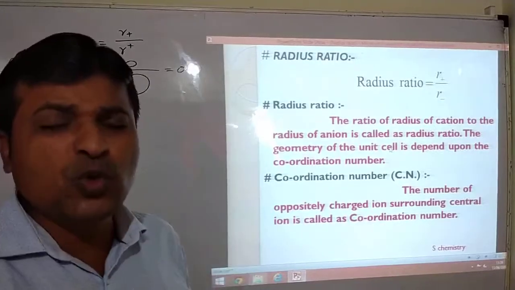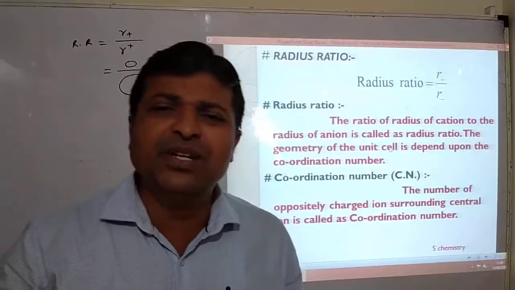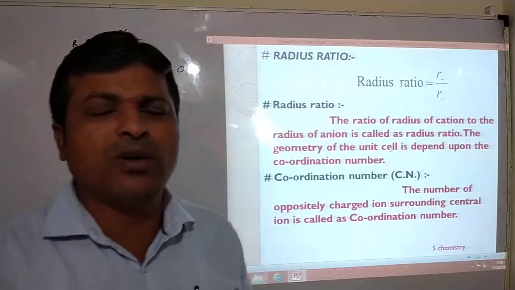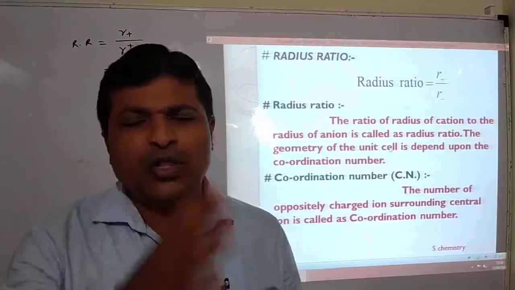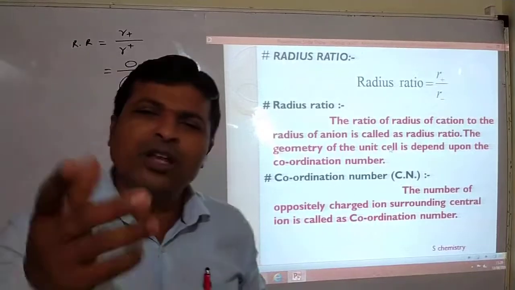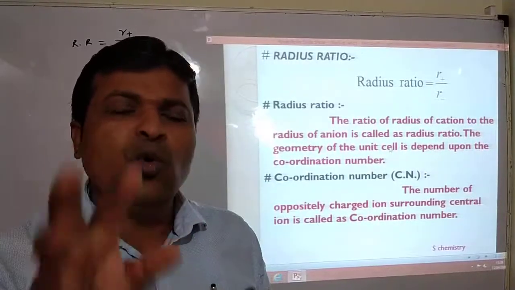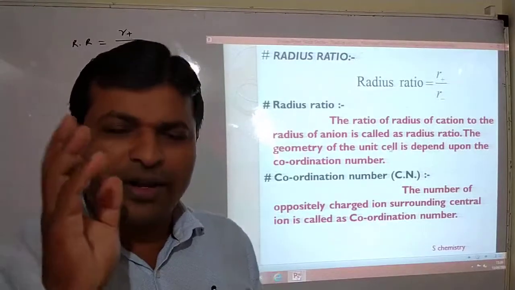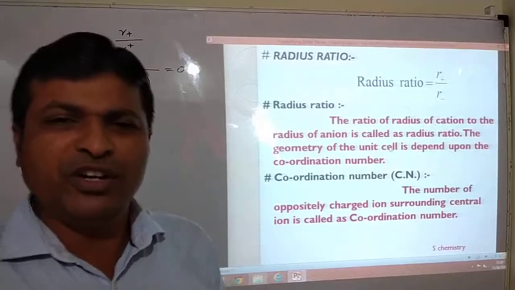What is the use, the application of radius ratio? Radius ratio is used to determine the coordination number and the structure of the compound. If you know the radius of cation and the radius of anion, you can calculate the radius ratio, and from it you can predict the coordination number and the structure, the geometry of the crystal.